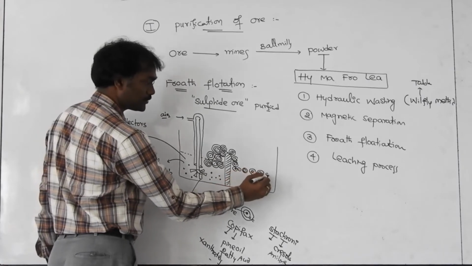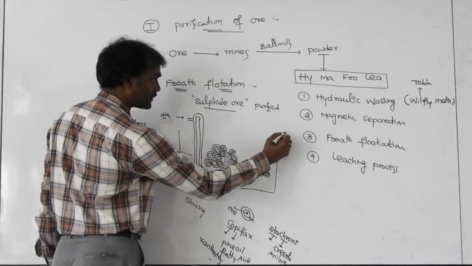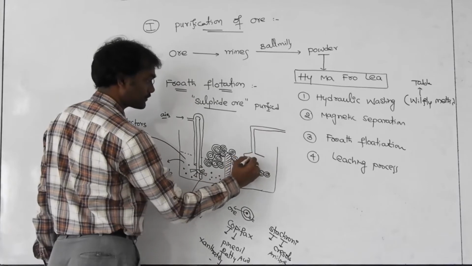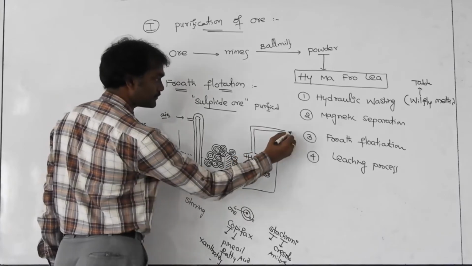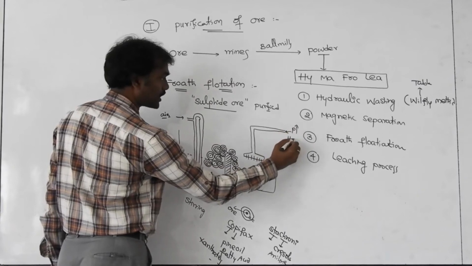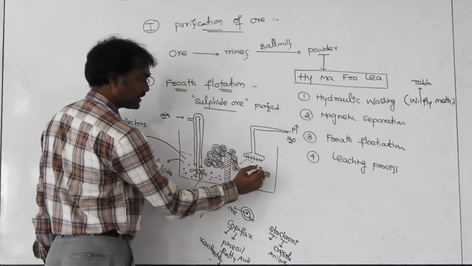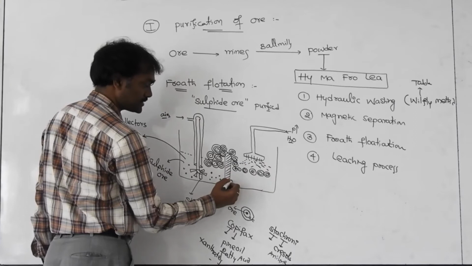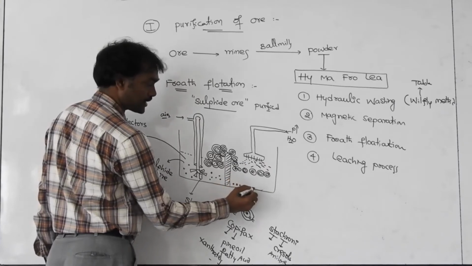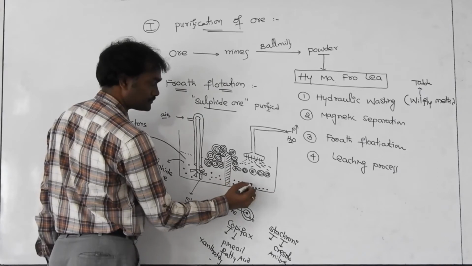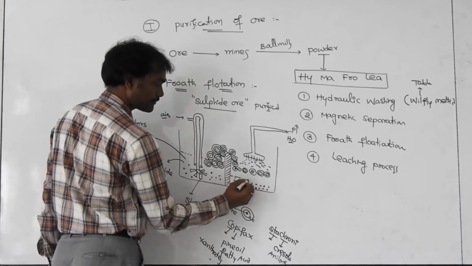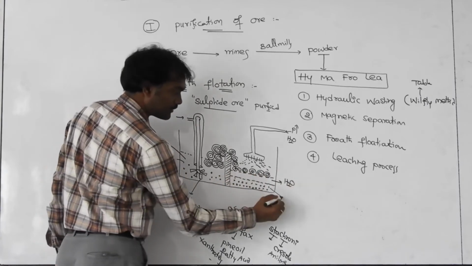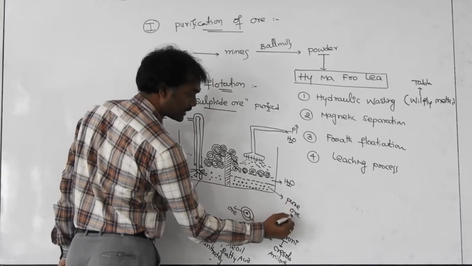Here, high pressure water is sent continuously, like a sprinkler on the surface of this ore. At last, all the ore particles come perfectly to the bottom. On the top, water will be absorbed. So water is above, and pure ore particles are coming down.